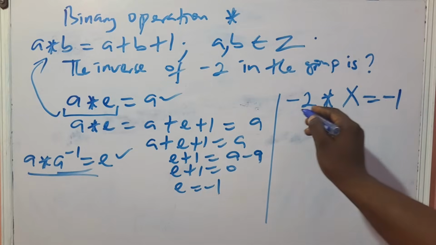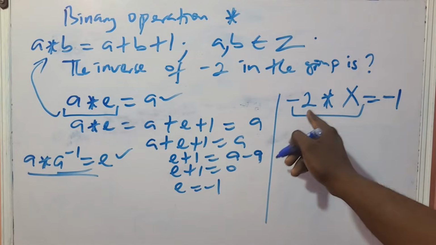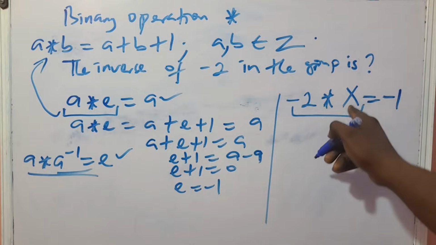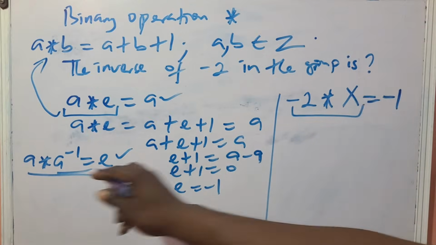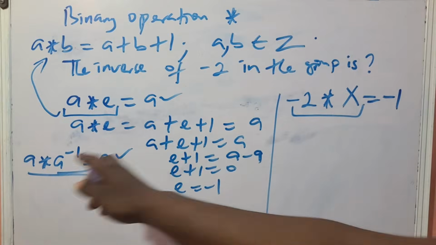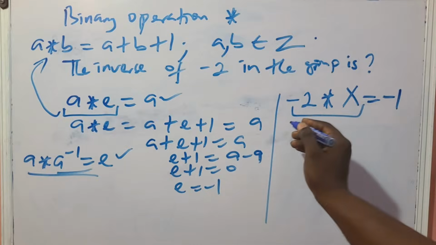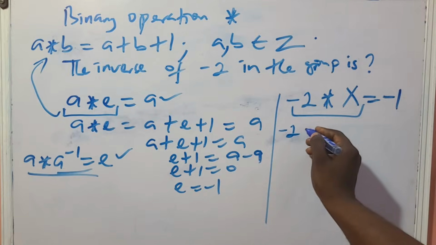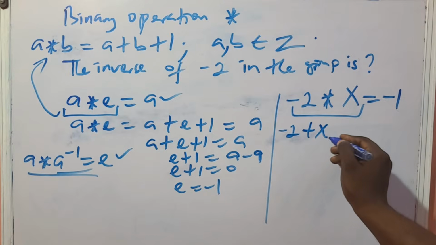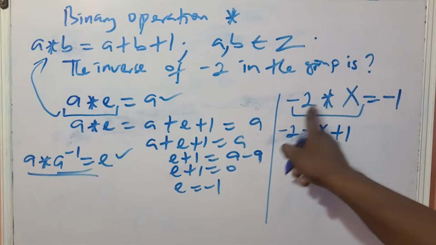So we have to revert back to the original rule. Minus 2 star x, where this x is the inverse of minus 2, will be minus 2 plus x plus 1. I'm using this back: this is first, this is second.